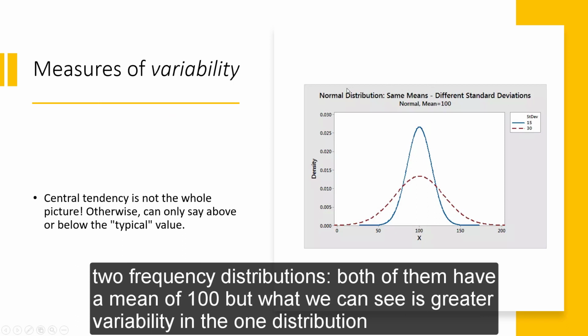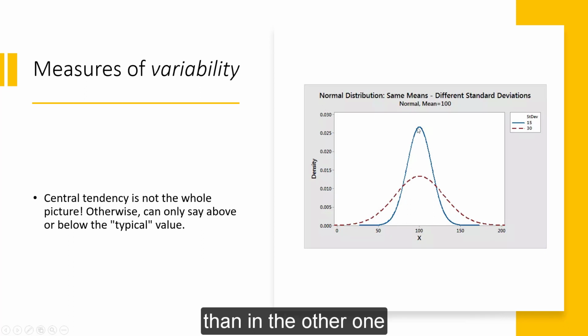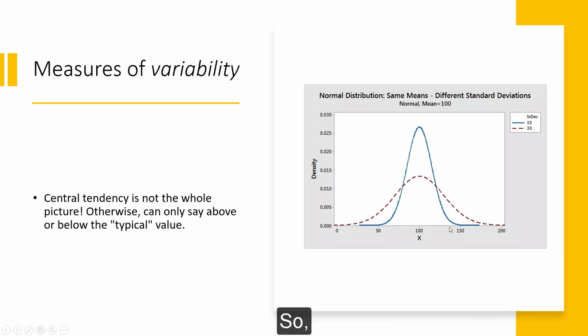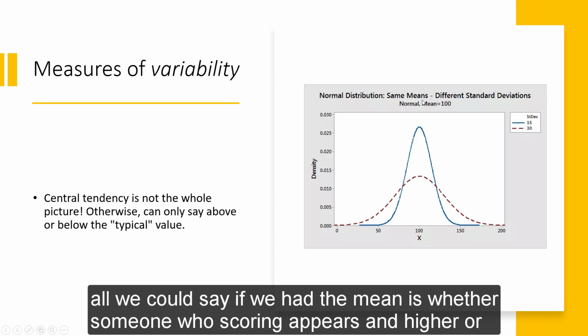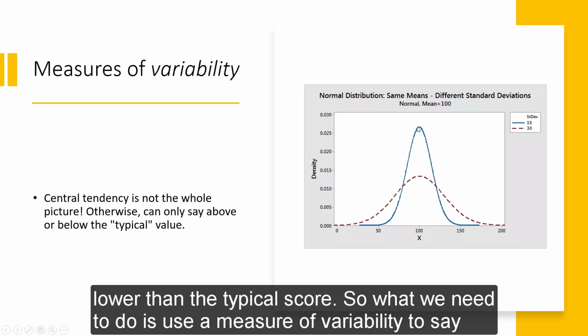So in this example, what we have are two frequency distributions. Both of them have a mean of 100, but what we can see is greater variability in the one distribution than in the other one. So all we could say if we had the mean is whether someone who's scoring up here is higher or lower than the typical score.